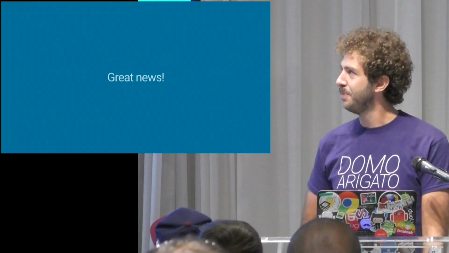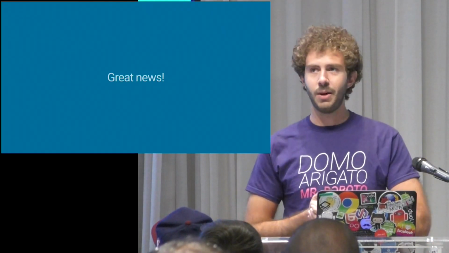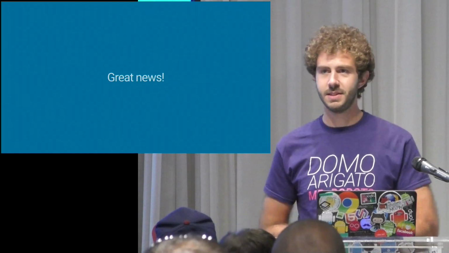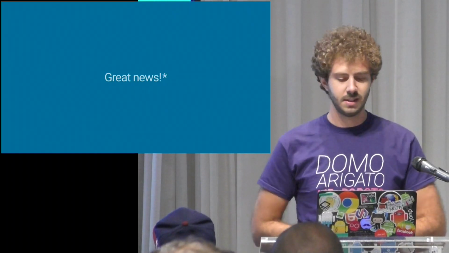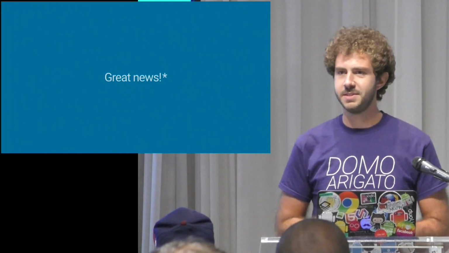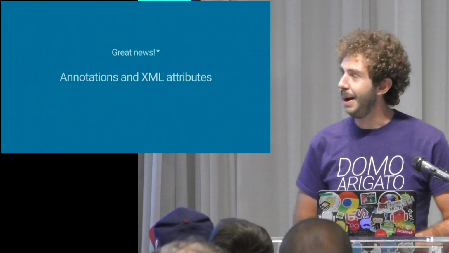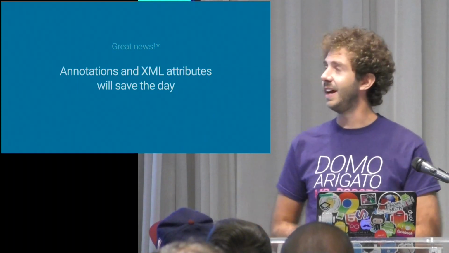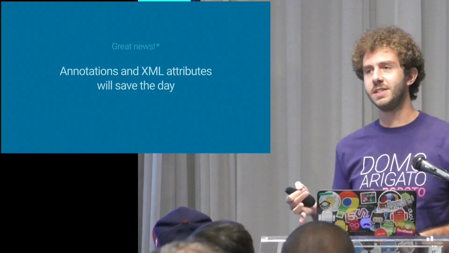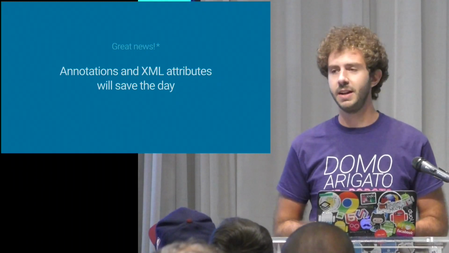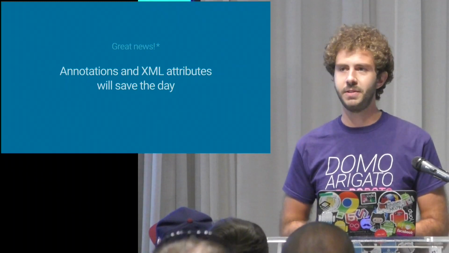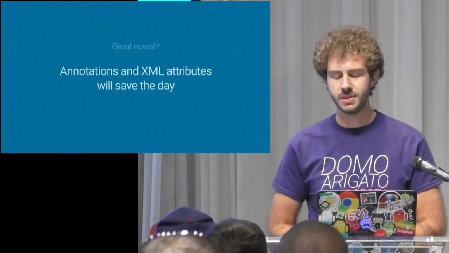Well, I have good news for you. I will show you how to fix all of those and more. Well, besides the Eclipse thing, there's no cure for that. But you will see that using annotations and XML attributes, we can at least ease the pain of dealing with those issues.